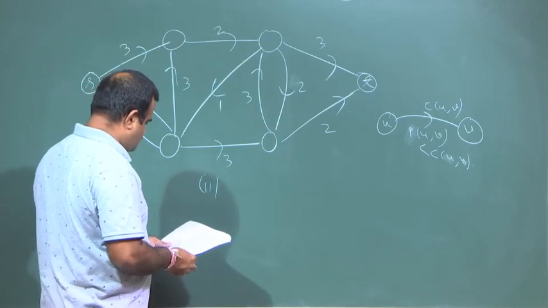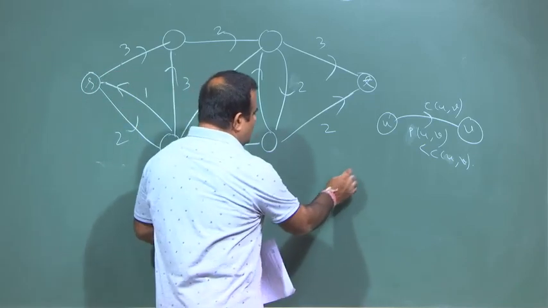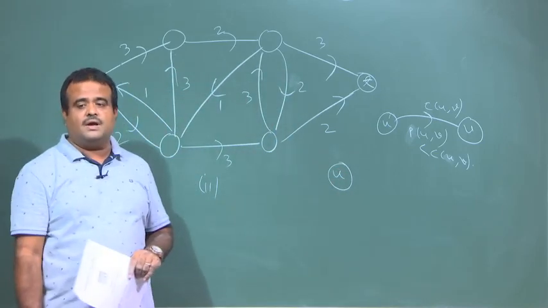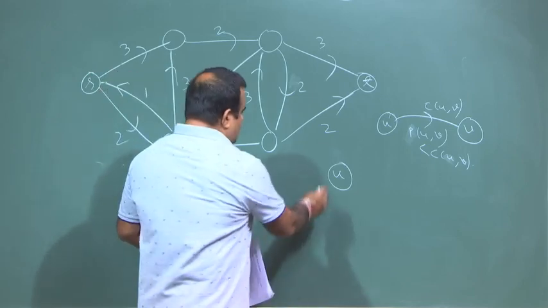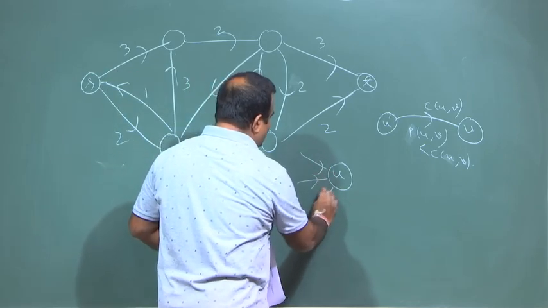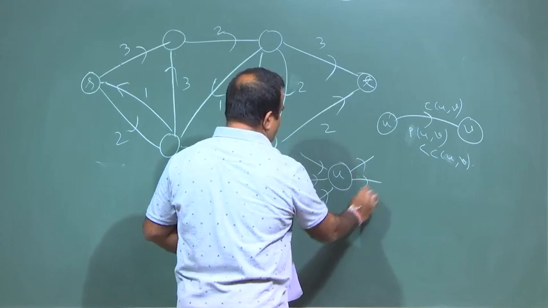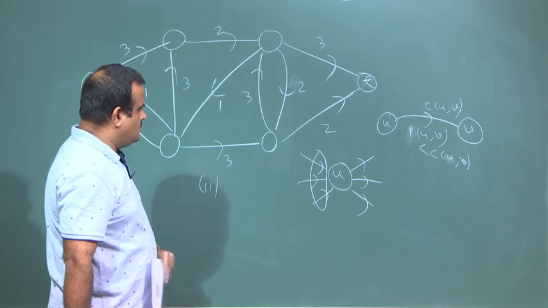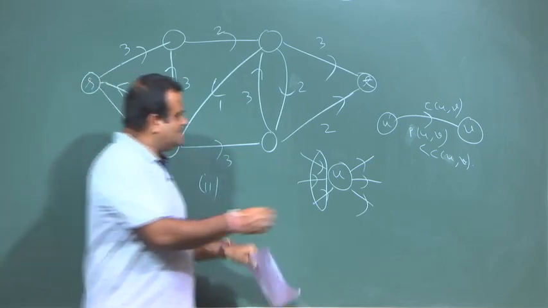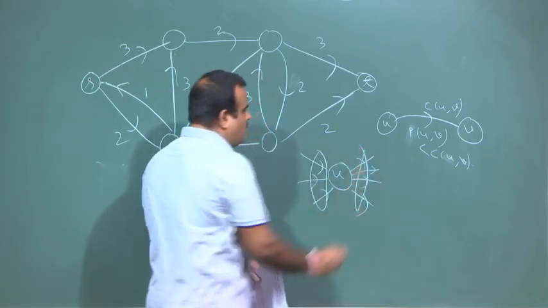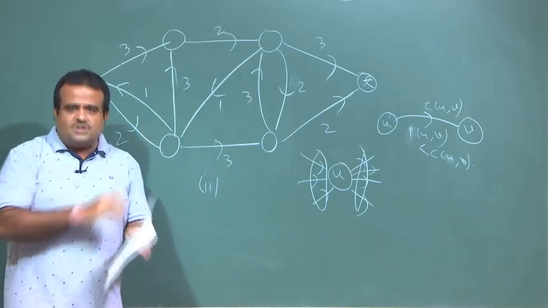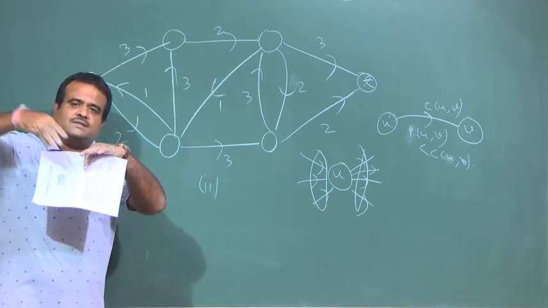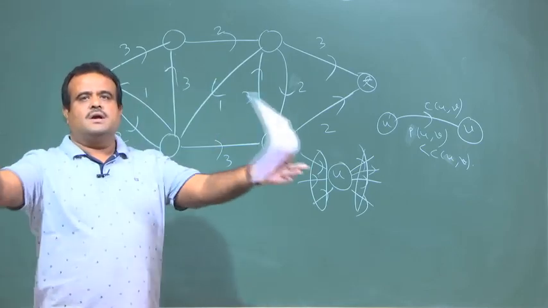In other words, suppose this is U, a node which is not the source and not the sink. Now, there are some edges coming in and there are some edges going out. So, this is the incoming flow, the current coming to U, and there are some more edges, this is the current going out from U in total. So, this difference should be 0. That means whatever current it is taking, it should distribute.